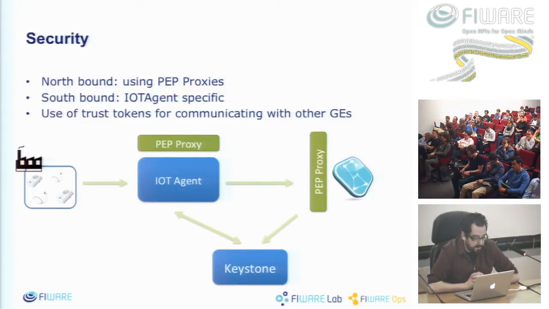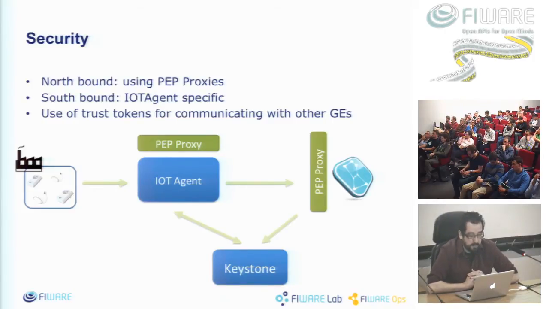And the last part of the generic IoT agent part of the talk are the security concerns: how all the information flows that we are using in the system are implemented. Well, there are basically three kinds of interactions with the IoT agent.